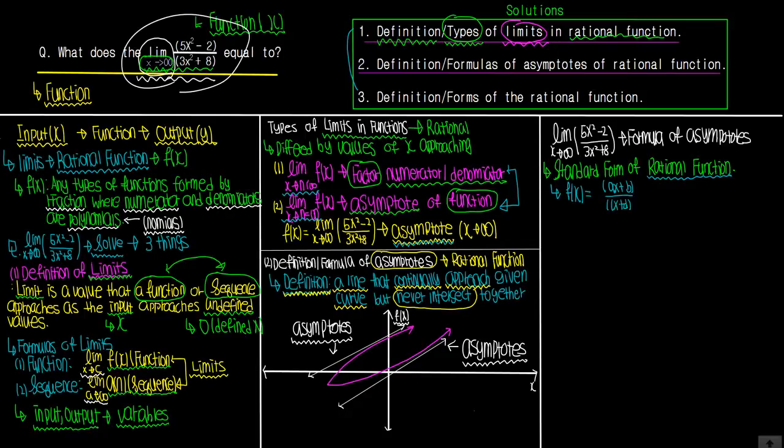This is the standard form of our rational function: f of x is equal to ax plus b over cx plus d. And the formula of our asymptote originates from this standard, or general, form.